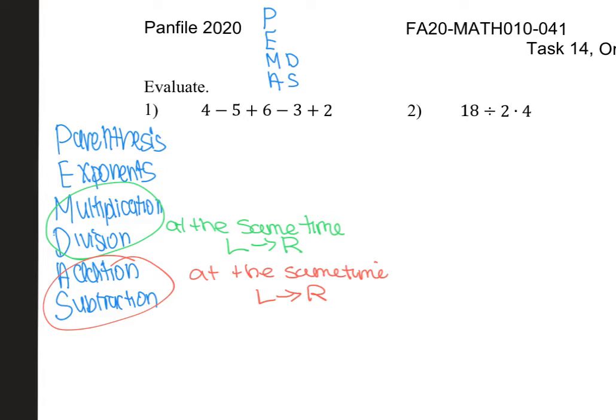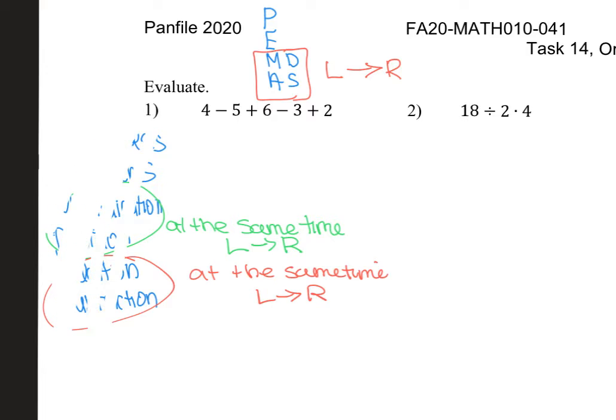And you have to know that the MD happen left to right, and the AS happen left to right. Okay, so let's get started, and I'll show you what I mean and how it works.